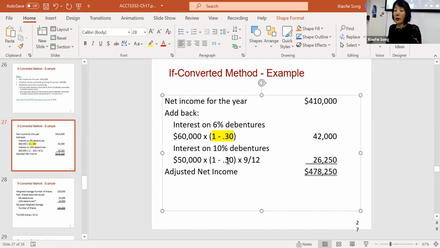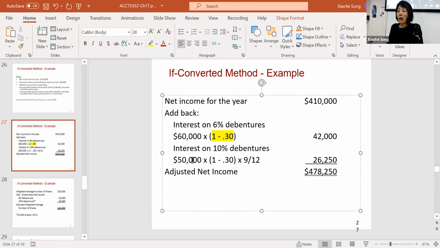We need to adjust for the income tax, and we also need to adjust for the fact that the company would only have to pay 9 months of interest, so a fraction of the year.